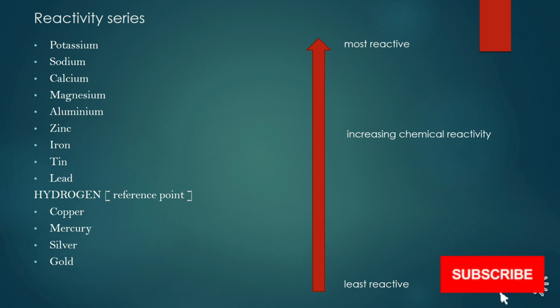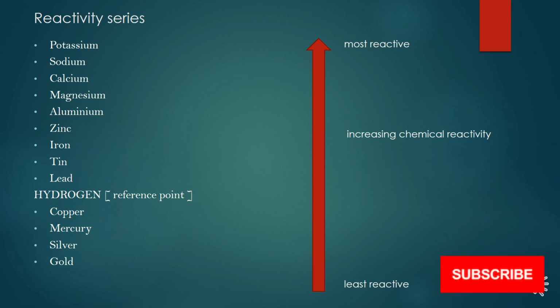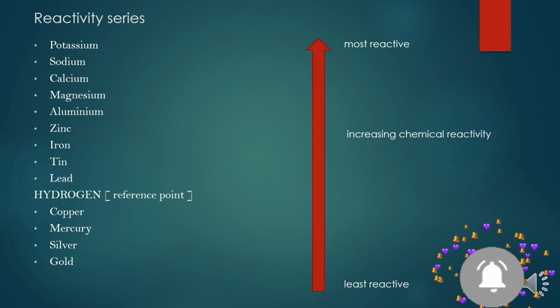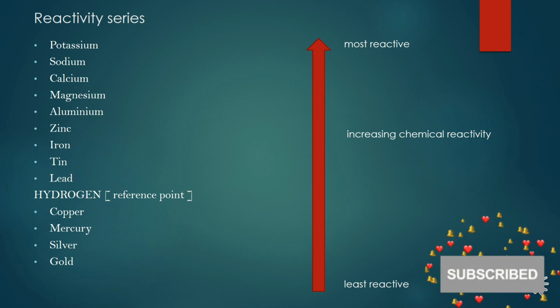Then we have magnesium and calcium, which come from group 2 elements. We have aluminium, zinc, iron, tin, and lead, also coming from other areas of the periodic table. Then we have hydrogen, which is used as the reference point.